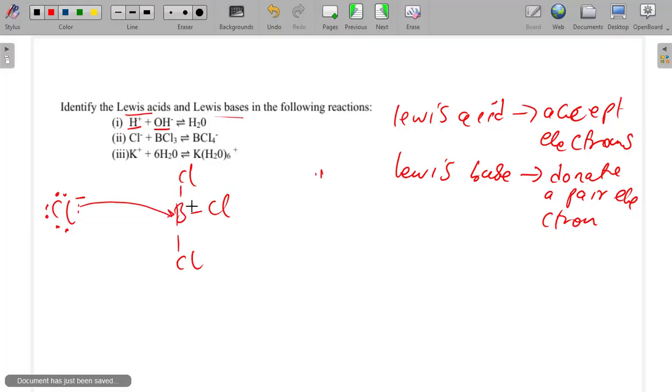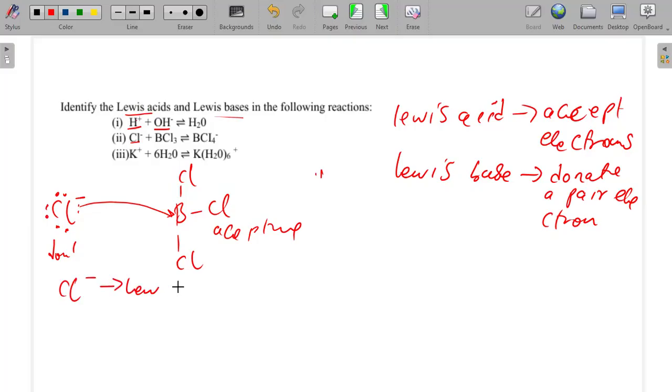So the boron is accepting electrons, and the chloride ion is donating electrons in this case. So the chloride ion is going to be the Lewis base, the one that is donating electrons. And the boron atom, so the entire molecule BCl3, in that case is going to be the Lewis acid, because it's the one that is accepting electrons.